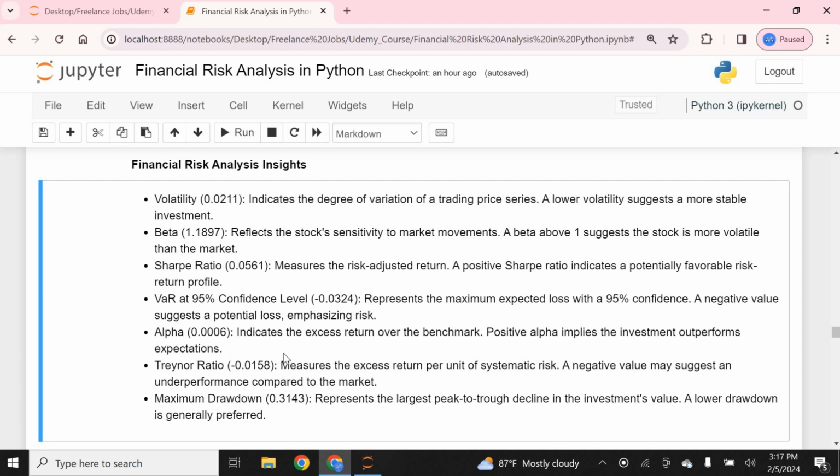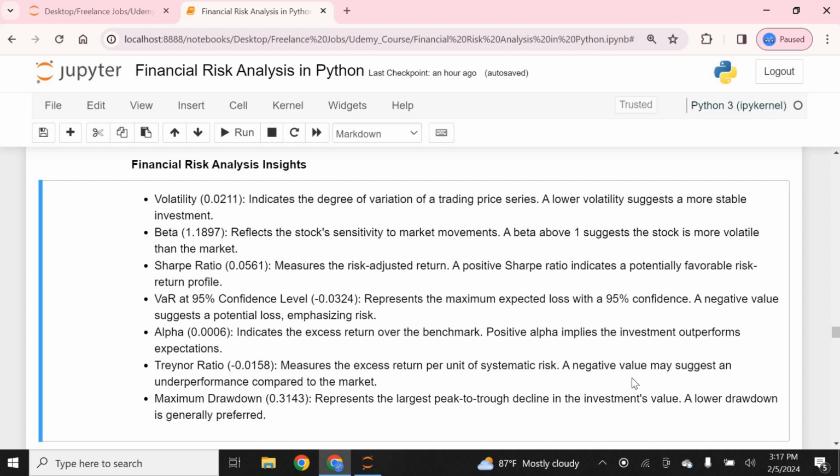Now the alpha value indicates the excess return over the benchmark. A positive alpha implies this investment outperforms expectations. At least it's positive, right? Now the Treynor ratio, which is negative 0.0158, measures the excess return per unit of systematic risk.